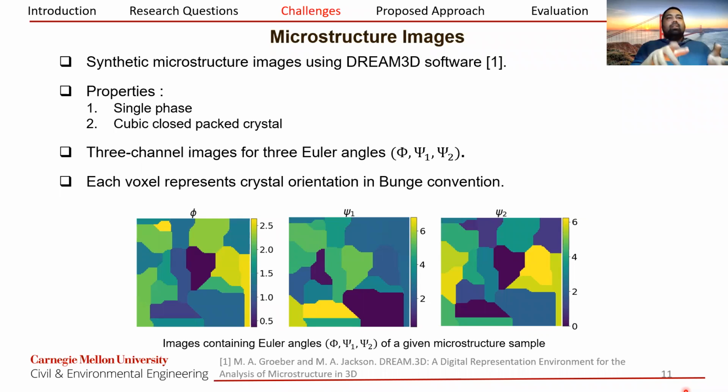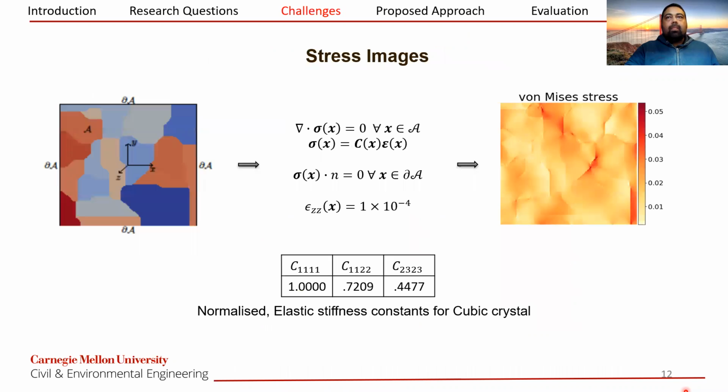These Euler angles, or the orientation of the crystal, are represented in the Bunge convention. We take this microstructure, apply a load strain in the direction perpendicular to this surface, solve a linear elasticity equation, and then obtain these von Mises stresses.